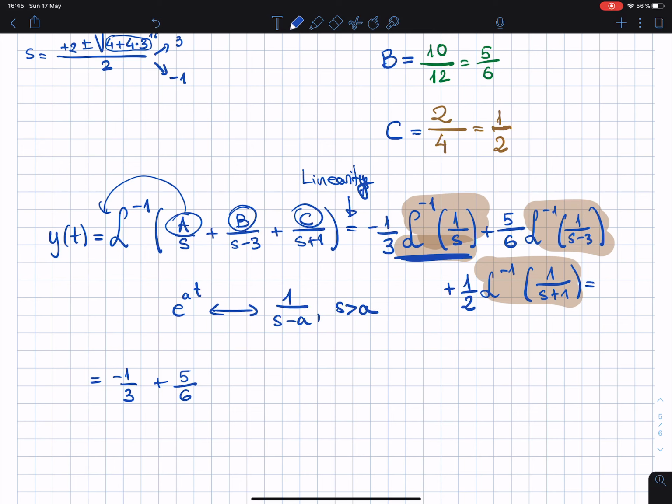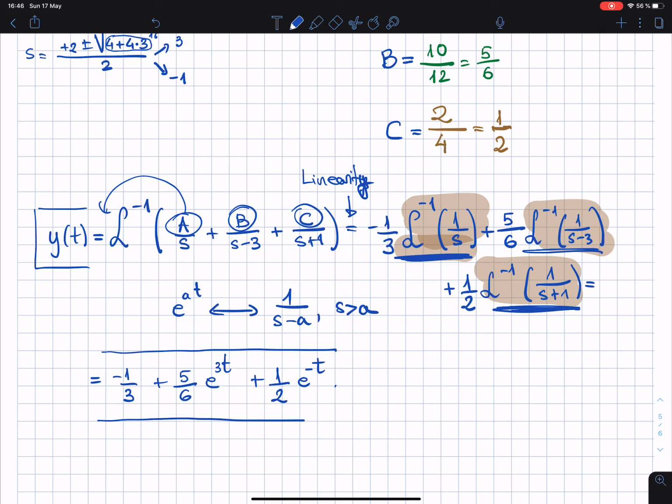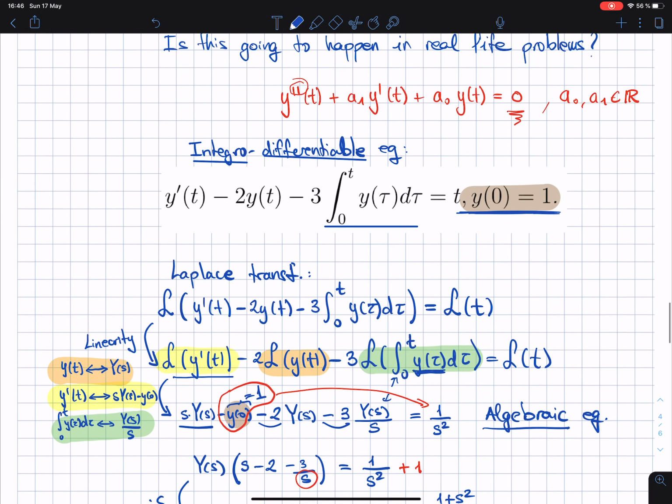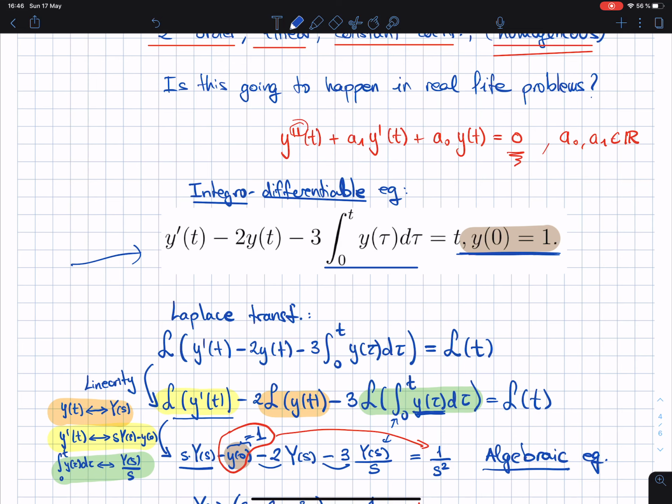So here we are using this property to obtain the exponential of 3t, plus 1 over 2 times the inverse Laplace transform of 1 over s plus 1, that is the exponential of minus t. And that's the result, that's the final solution of our problem. This is the function in time that solves the problem we had initially, which is this one.